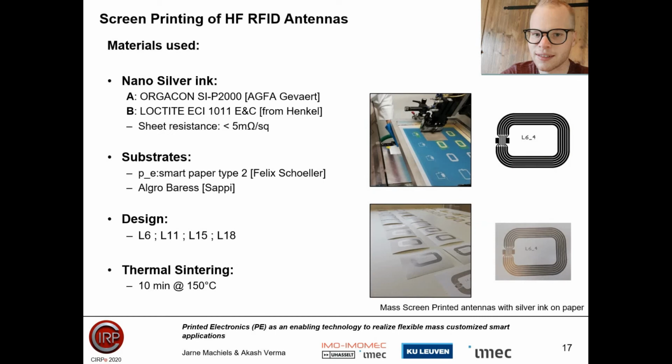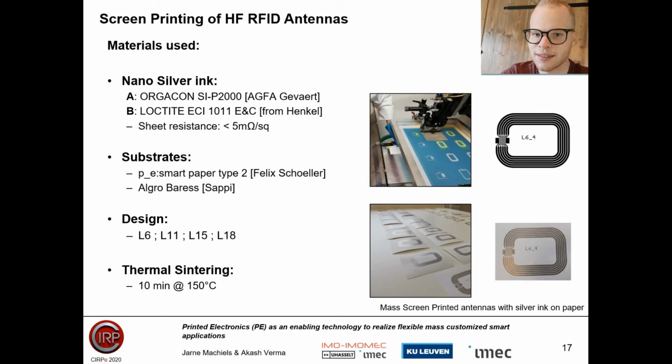To screen print a high-frequency RFID antenna, we decided to test two different highly conductive nanosilver inks: the Orgacon CIRPe2020 from Agfa-Gevaert and the Loctite ECI 1011 from Henkel. As a post-printing step, both inks should be cured for 10 minutes at 150 degrees Celsius.